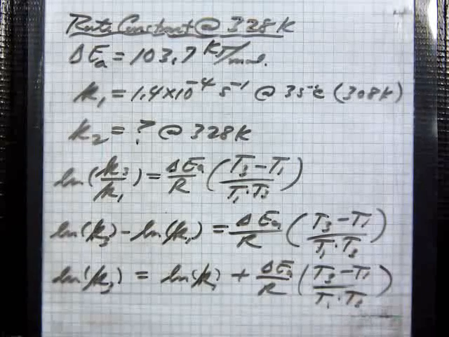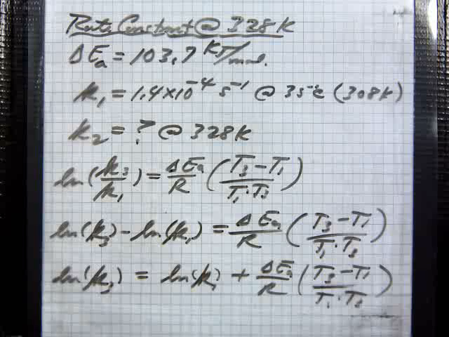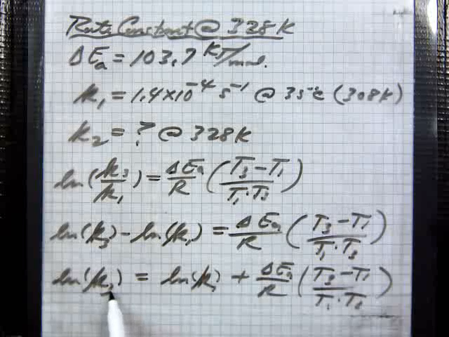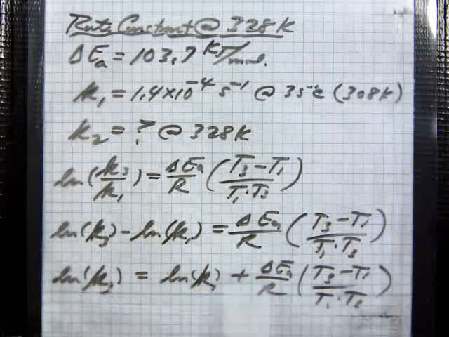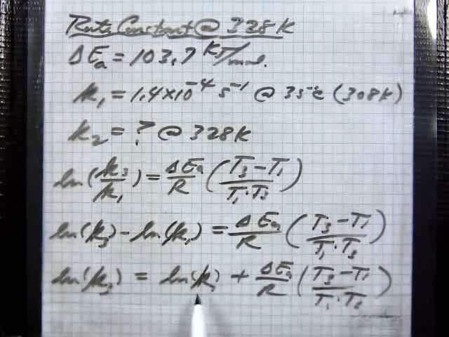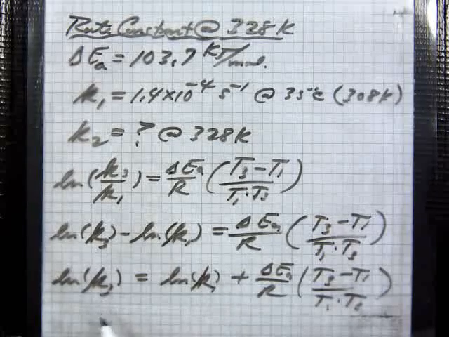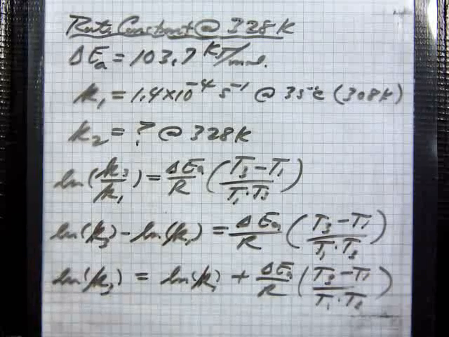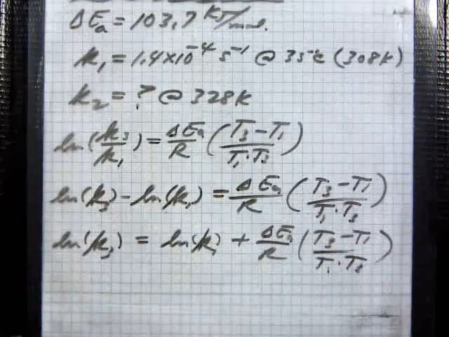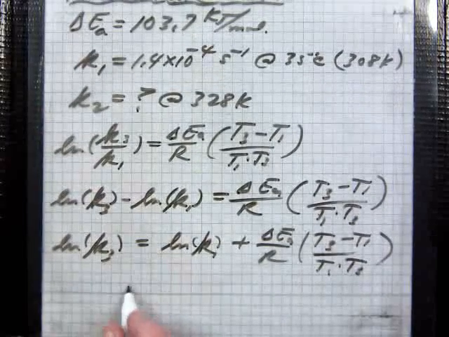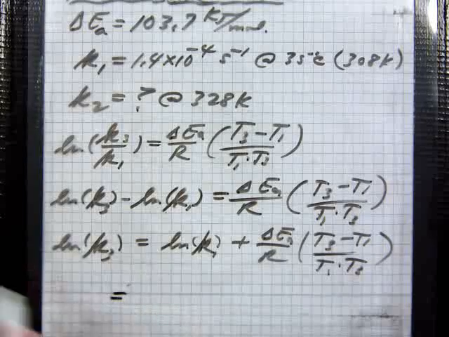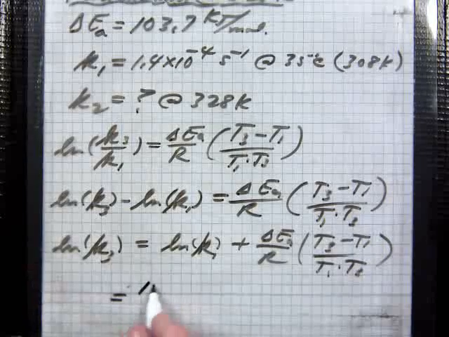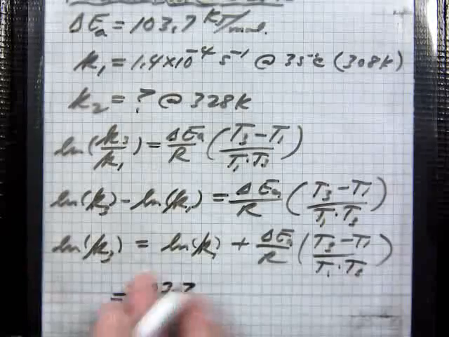And so it's a plug and chug again. And when we get to the K3, get the numerical value over here, this K will then be equal to e to the whatever power that number is. And so, we'll make a little more space. EA is 103.7, oh, let's get the ln.